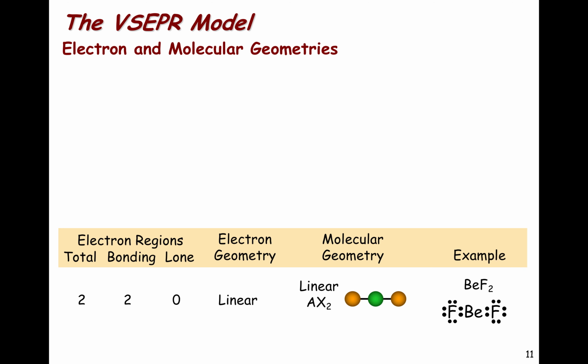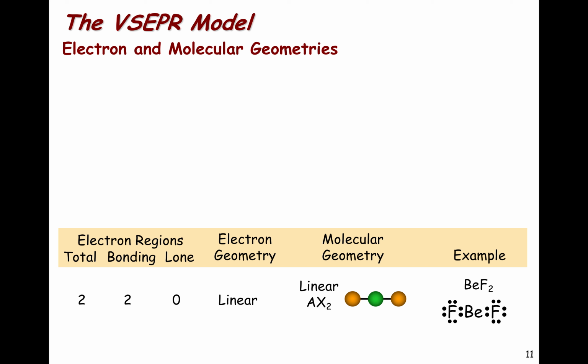As an example of linear structures, beryllium difluoride is a good example. In this case, the central atom beryllium only has 2 electron regions around it, both of them being bonding regions.